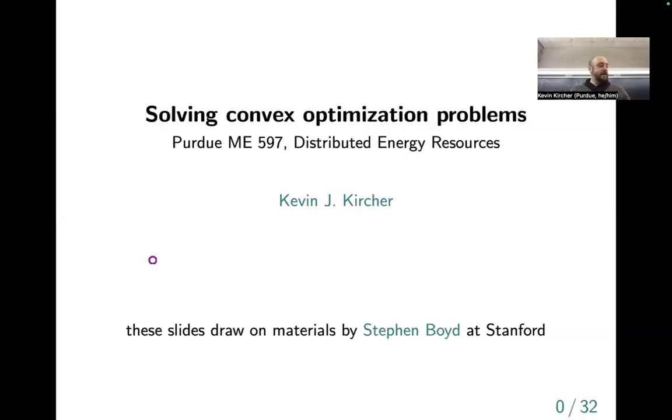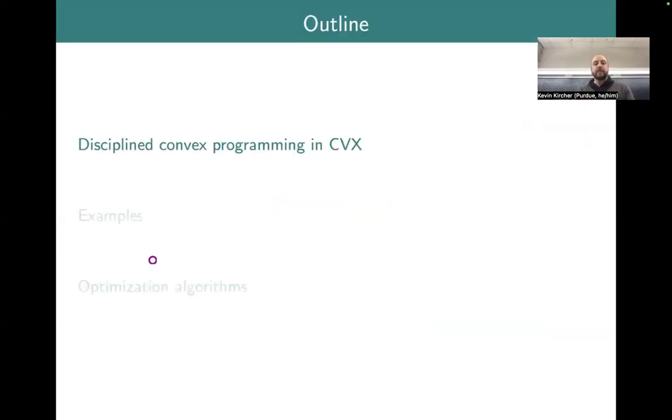Okay. Right. So I think we will jump into today's lecture again on actually how do we solve convex optimization problems. So we'll start out by talking about something called disciplined convex programming, which is basically a technological approach to modeling and solving convex optimization problems. We'll talk specifically about CVX, which is a toolbox in MATLAB.